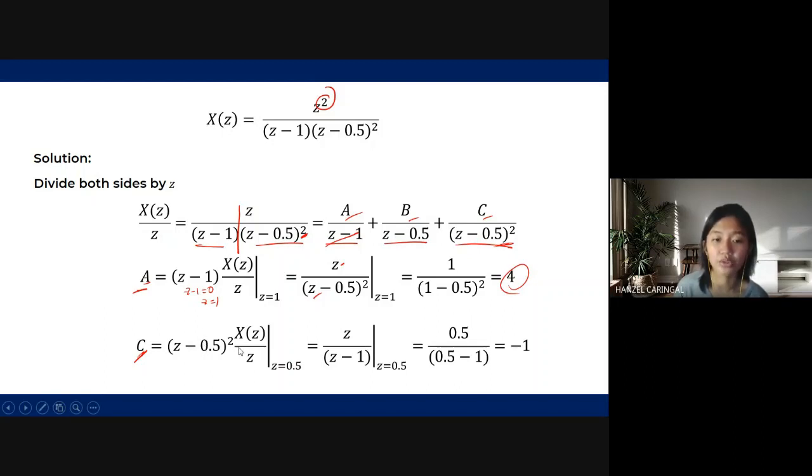So we multiply by z minus 0.5 squared, and what remains is the other part. Then our z here is 0.5, the same as with A. We equate it to 0, so z is equal to positive 0.5. Then substitute the value of z, so our C is negative 1.